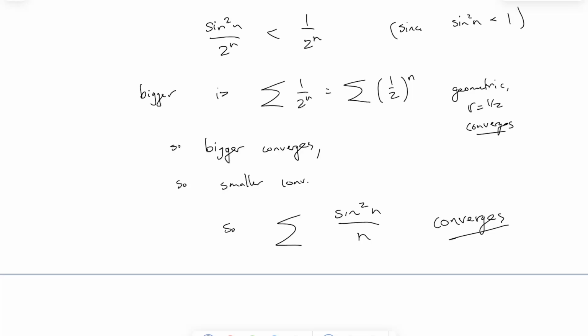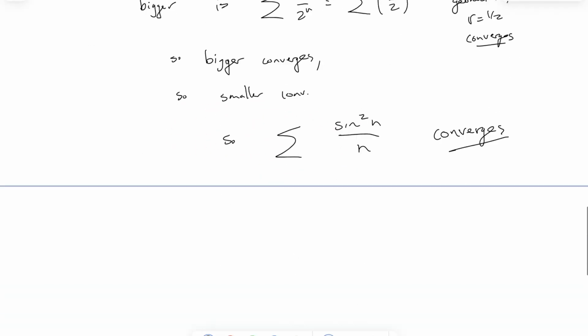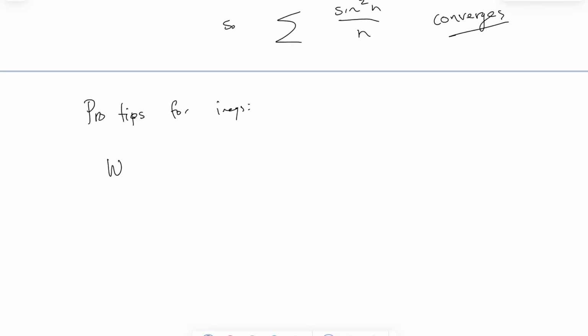All right, I thought maybe it'd be helpful to give some pro tips when you're dealing with these inequalities, because I think these are a little tricky to work with. So I will say some pro tips, some life hacks, if you will, for inequalities. We are often going to be dealing with inequalities which involve fractions, and here are my 2 pro tips.